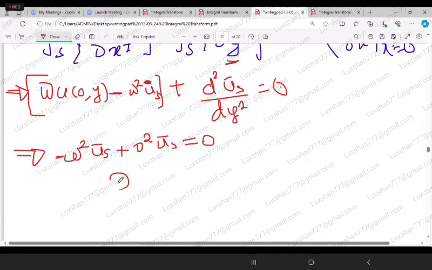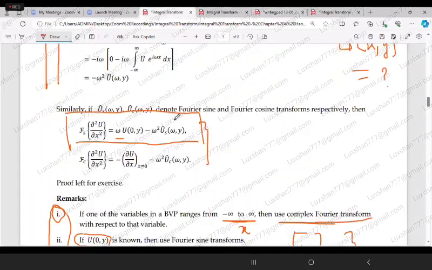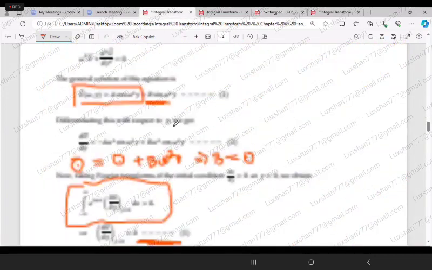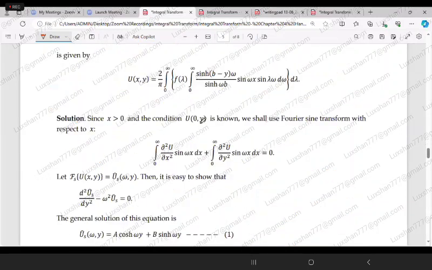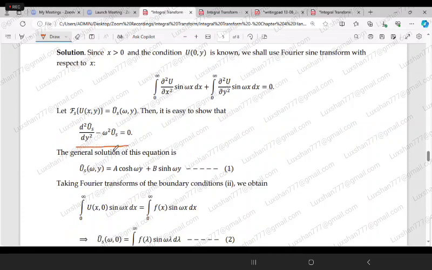So that is (d² minus ω²) u bar s equals 0. Okay. Do you understand up to now? Tell me whether you understand up to now. Yes, sir. Right. So we are getting this one.